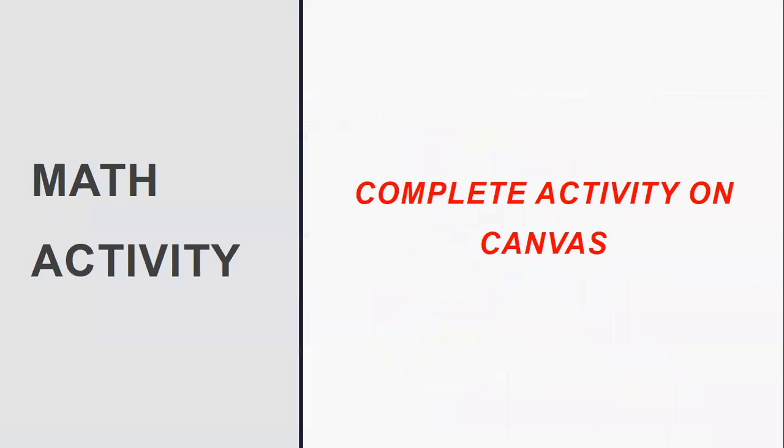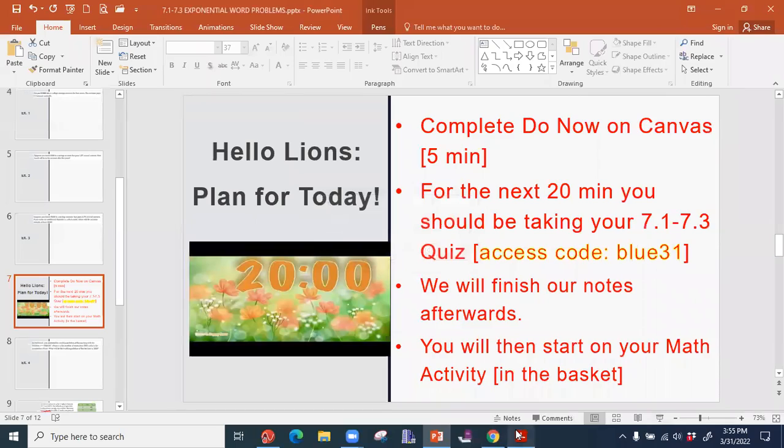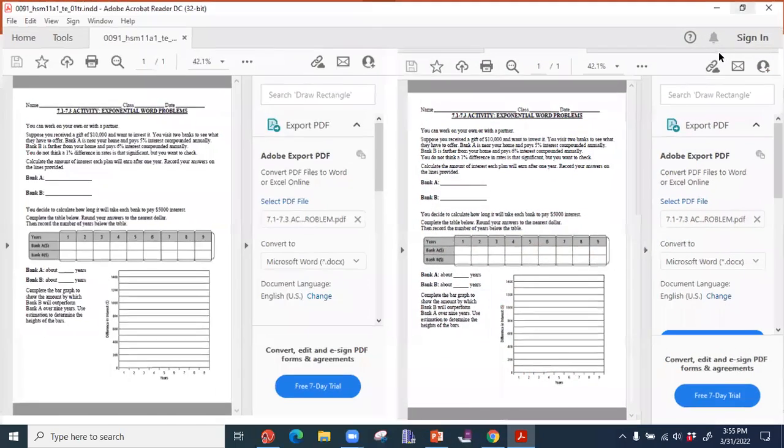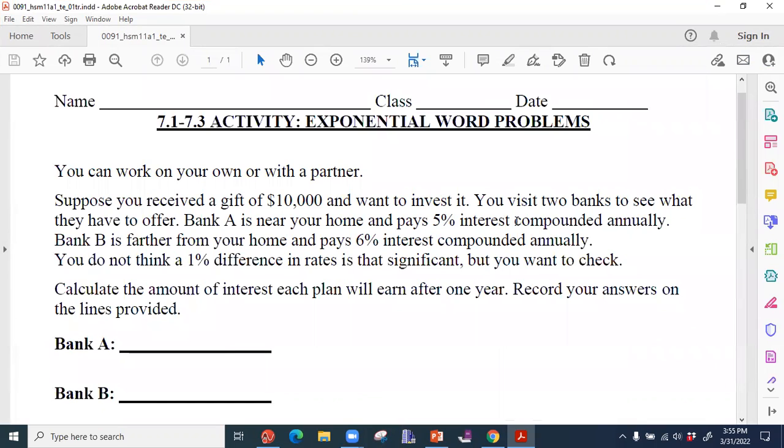So what you're doing, it says you're going to complete your activity on Canvas. So your math activity is this one. You're going to read it carefully and pay attention to what it's saying. It's compounded annually.